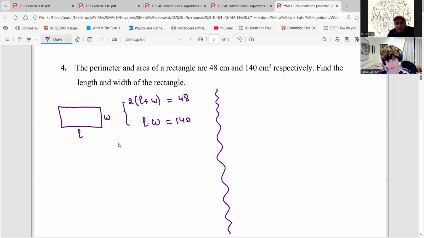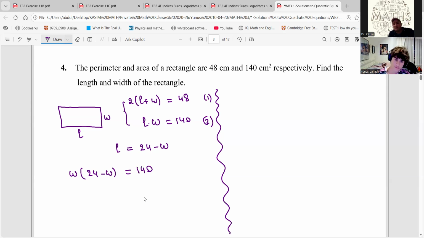Let's find L. So L is equal to what? 24 minus W. And substitute into the second equation. I'm substituting here: W times (24 minus W) is equal to 140. Okay, distribute and write this in standard form.